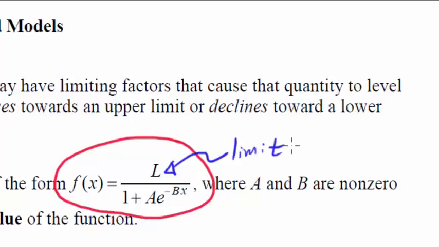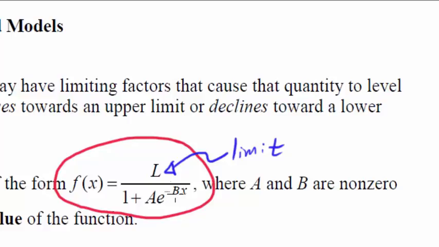What is different about a logistic as opposed to a cubic is that a logistic function is going to have 2 limiting values. One of those is always 0, like an exponential function, and the other is the number in the numerator, which we're calling L.